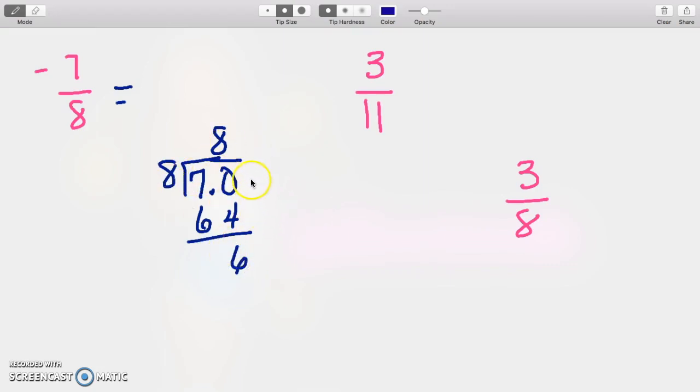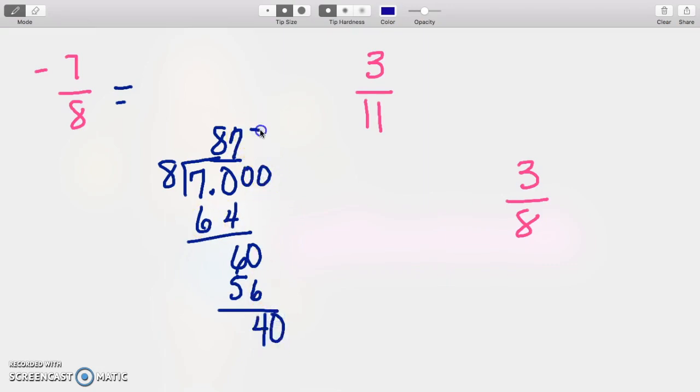And I know that I need to bring down a 0. Okay. So 8 goes into 60. 7 times 8 is 56. And then that's 4. Add another 0.